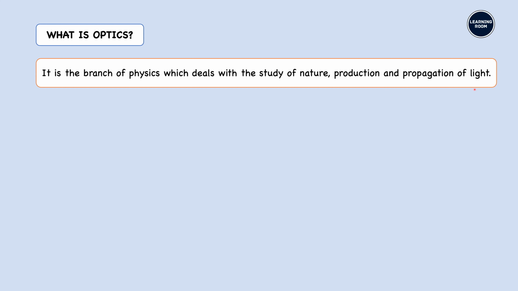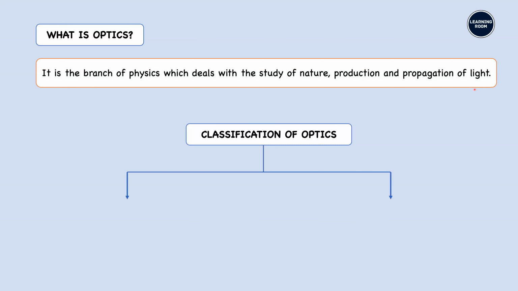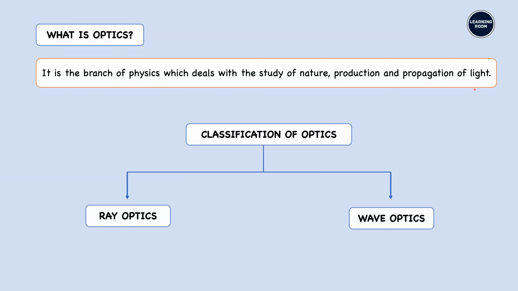Is this point clear? The next question is, can optics be classified only as ray optics, or is there any other branch also available? For that, we will see the classification of optics. Optics is basically classified into two types, where one of the branches is called ray optics and the other branch is called wave optics.